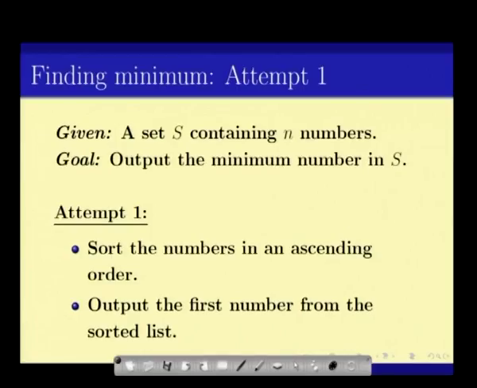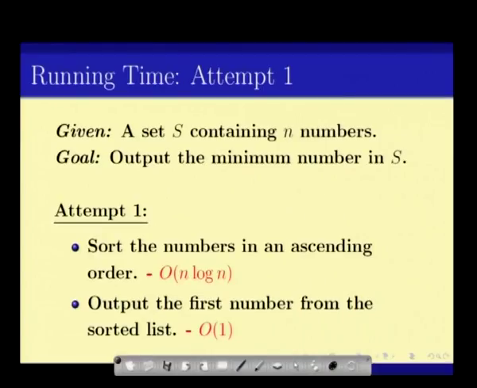So, this algorithm is simple and it is of course the first attempt that one can think of. So, what is the time complexity or the runtime of this algorithm? We know that sorting this set of numbers in an ascending order takes order n log n, and finding the first number from the sorted list takes order 1.